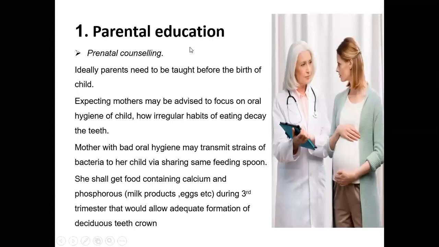In parental education, you need parental counseling. You need to counsel and advise a mother.